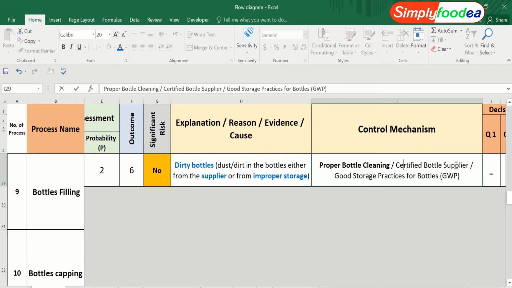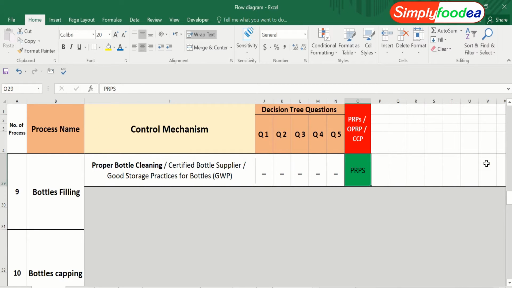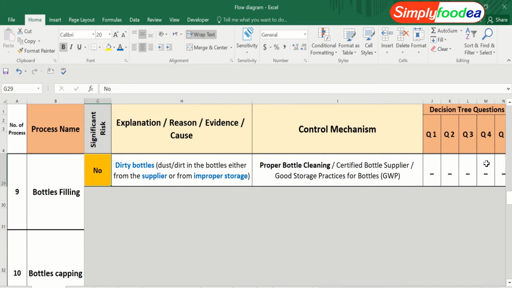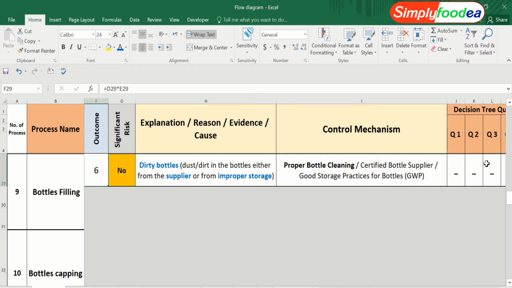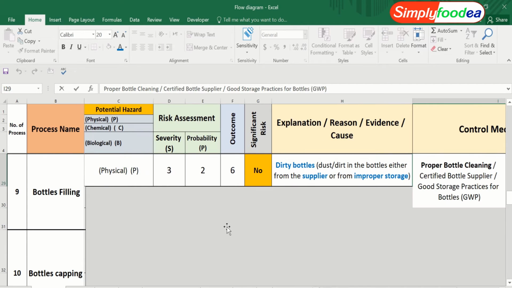But the bottles in this production type are primary packaging, in direct contact with our food, so they must be controlled as the product itself, which is not a significant risk. So there is no need for the decision tree question, and of course it is a prerequisite program about the cleaning process of the bottles, ensuring good storage practices or good warehouse practices are implemented in our facility or in the supplier facility itself.